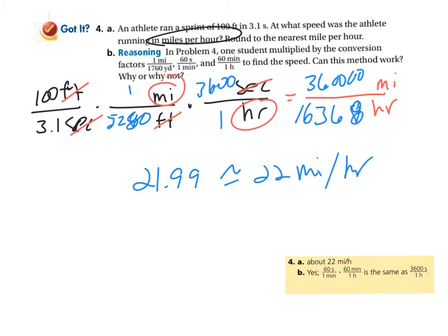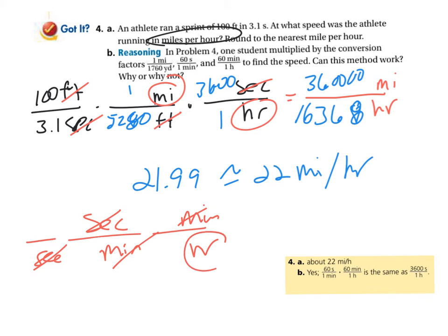I could have broken that up into seconds per minute, and then minutes per hour. So my seconds went away because they were down here, seconds, minutes, minutes, still left with hours in the bottom when you run the unit analysis.